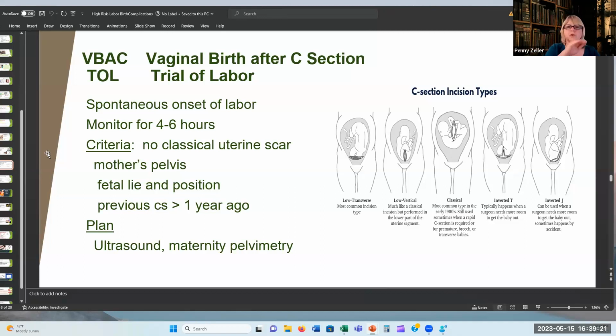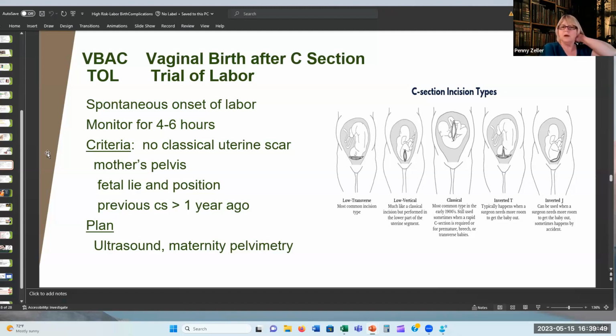Did they do a low transverse or a low vertical, or a classic higher up incision? The classical incision really cuts into a lot of uterine tissue, and we really don't promote having a vaginal delivery after having that kind of a cesarean surgery.